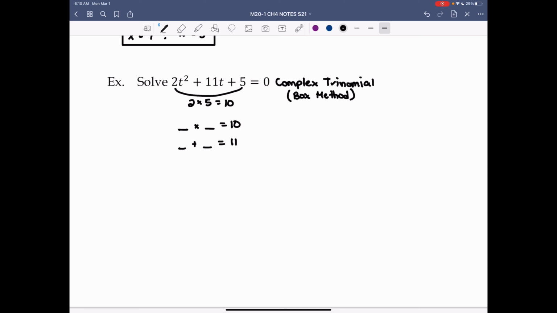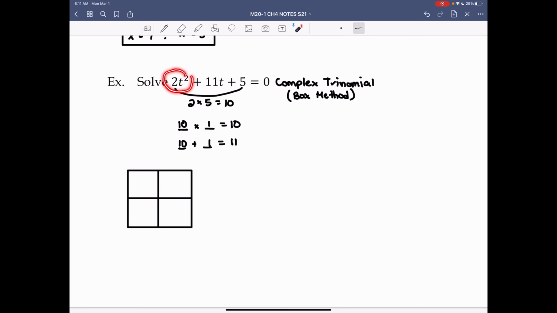Two numbers that multiply to 10 and add to 11 would be 10 and 1. This is where it differs again from basic trinomials. We can't go right to our binomials. We have to use the box method, so draw a box and split it into 4 sections. In the top left box, you're going to put the first term from the trinomial, which is 2t squared.